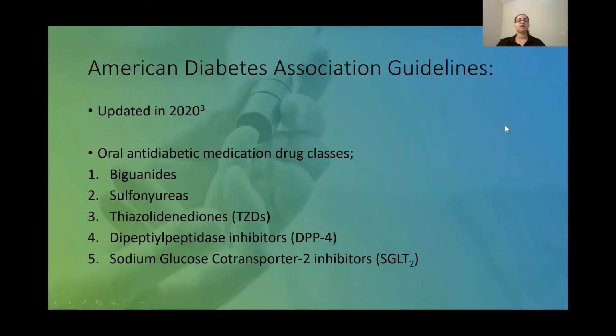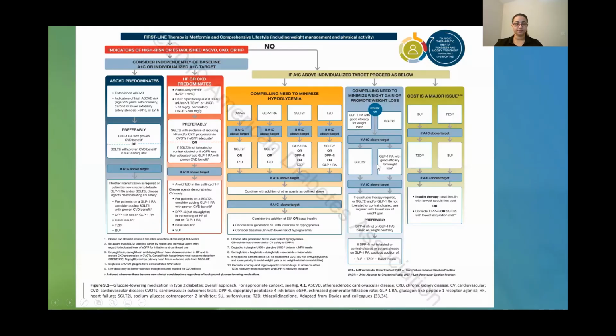Okay, so the American Diabetes Association guidelines were updated in 2020. Oral anti-diabetic medication drug classes that are most frequently used are biguanides, sulfonylureas, thiazolidinediones, also known as TZDs, dipeptidyl peptidase inhibitors, also known as DPP4, and sodium glucose cotransporter 2 inhibitors.